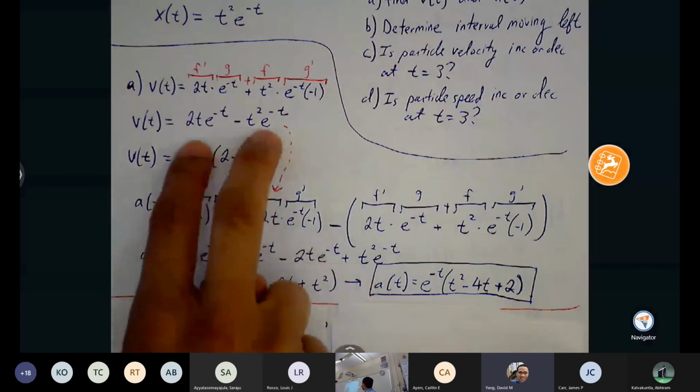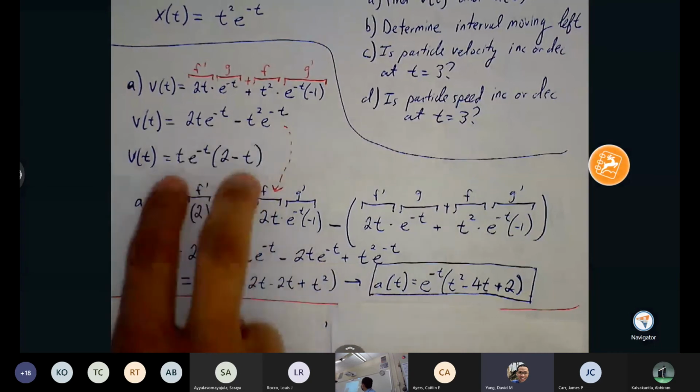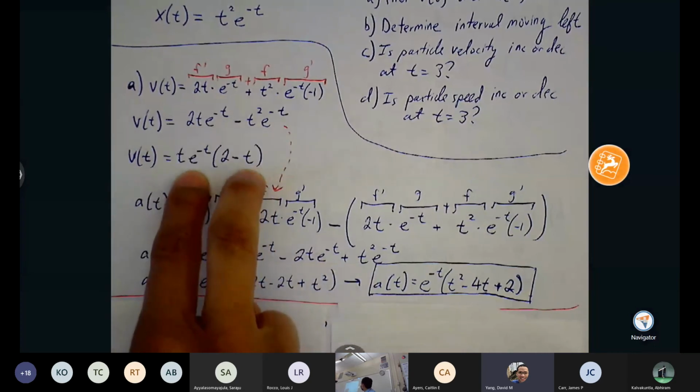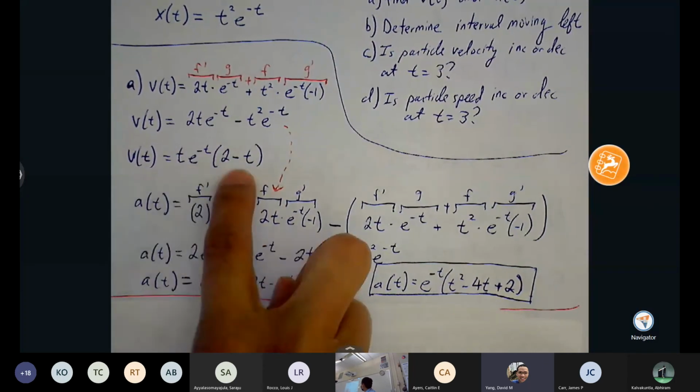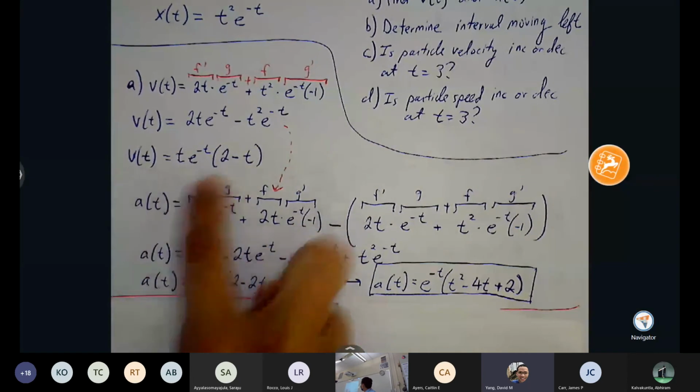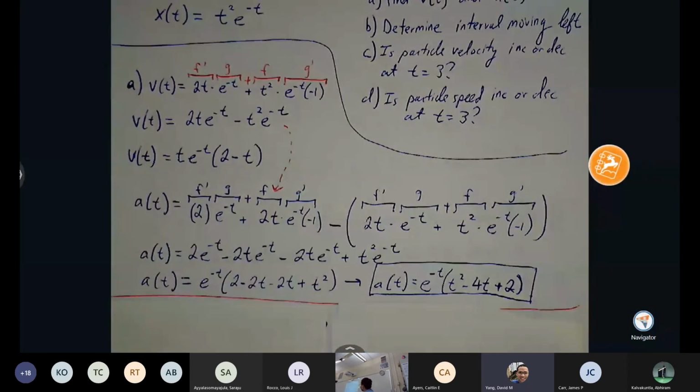So I think it's helpful, take our velocity function, get it into factored form. Or factor out. That way we can see all the necessary pieces that we can use to find our critical points, which is when velocity is 0.